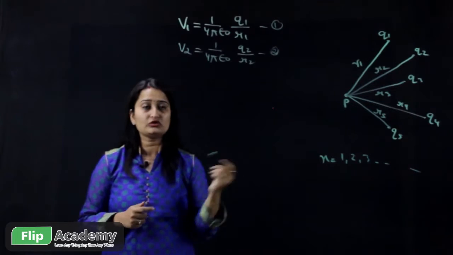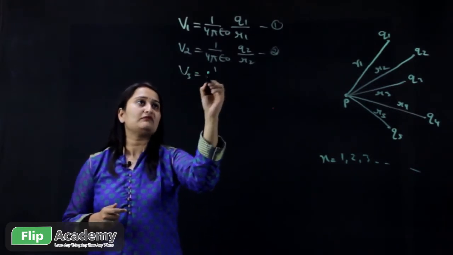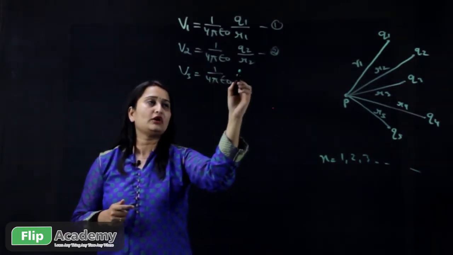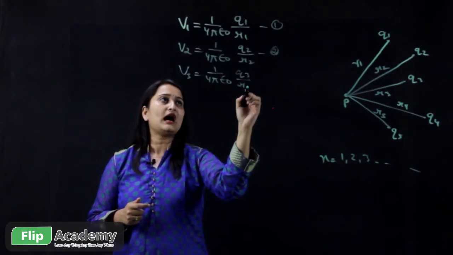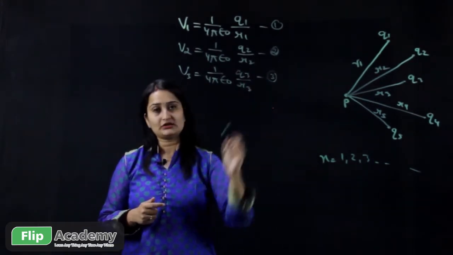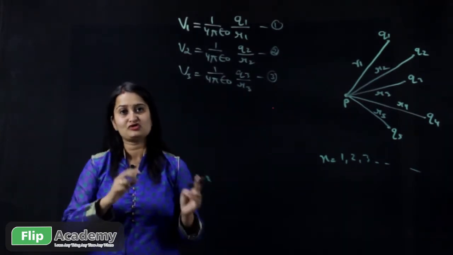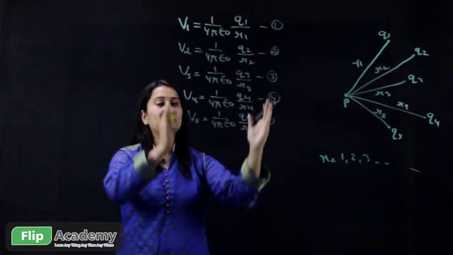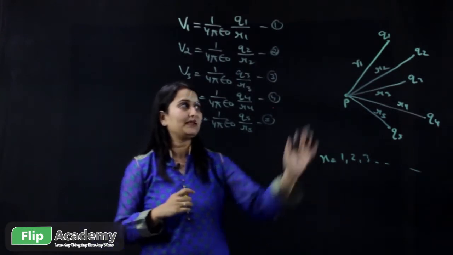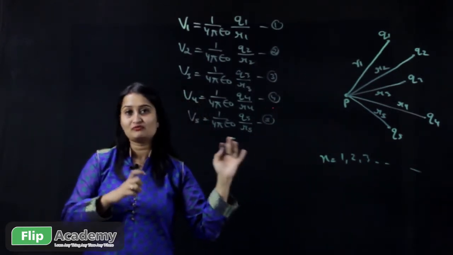This is the second equation. Similarly for V3, it is 1 upon 4 pi epsilon naught Q3 upon R3. This is the third equation. Similarly, you have to find the electrostatic potential for the fourth and fifth charges also. So these are all the potentials calculated with respect to the charges Q1 to Q5.